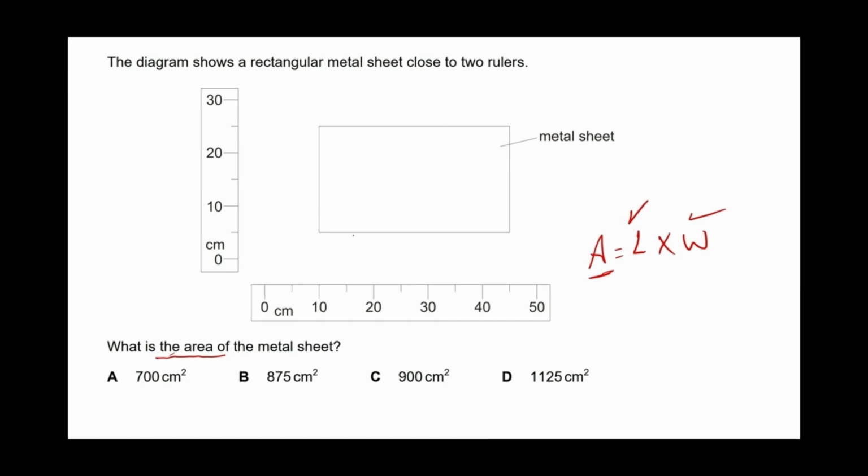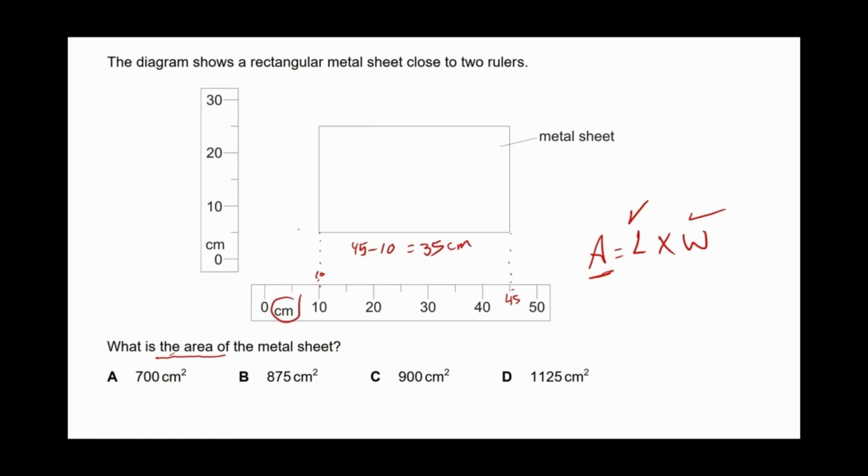Look at the length and width. The length starts from 10, look at this, and ends at 40. This is 40, this is 50, it is between them. So this one is 45. So the length equals 45 minus 10 equals 35 centimeter.